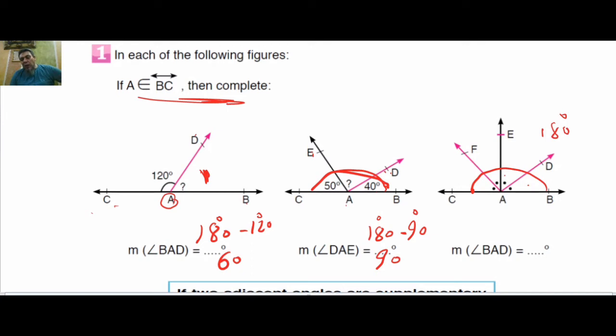Since the four angles are equal in measure, the measure of each one equals 180 divided by 4, which equals 45. So the measure of angle BAD equals 45.